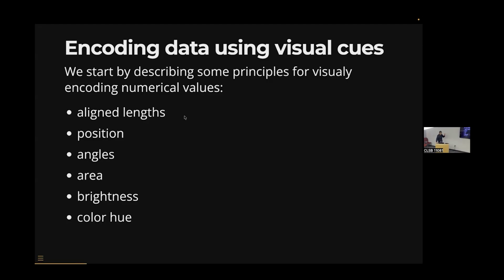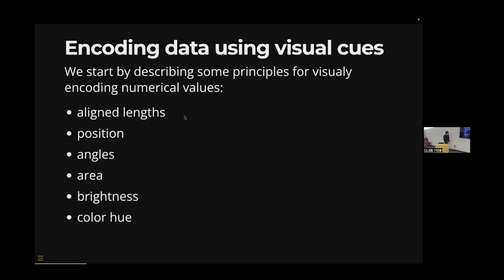So you have to do a little bit more work, but it's very clear what it is. Third is angles. I'll show you some examples of that. The pie chart is an example that uses angles. Area, fourth. How big an area is, we're not that great at seeing it. You can distinguish something with big area versus small, but it's hard to exactly see what number to put with it.